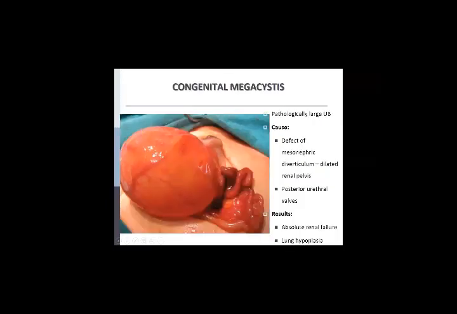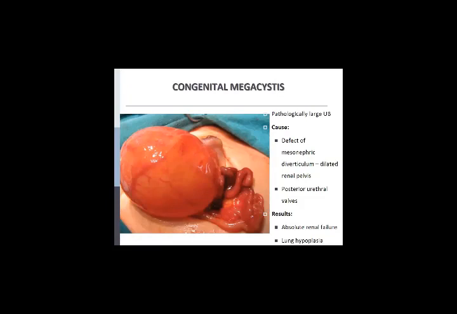Now this is congenital megacystis, which is a massively enlarged urinary bladder. The cause is a mesonephric diverticulum defect, and this results in dilated renal pelvis.